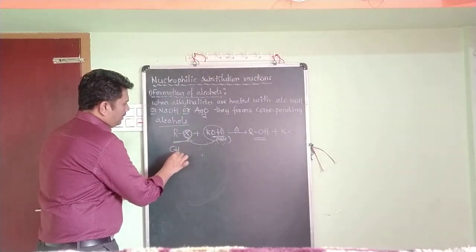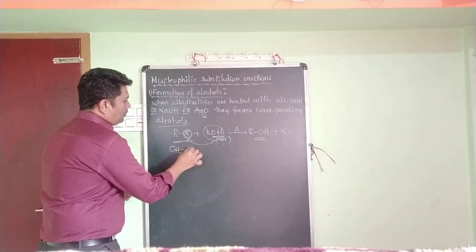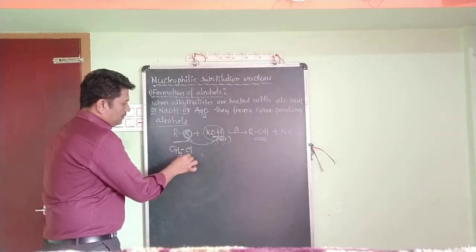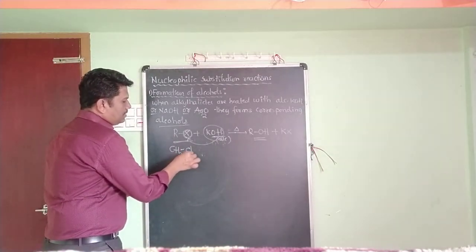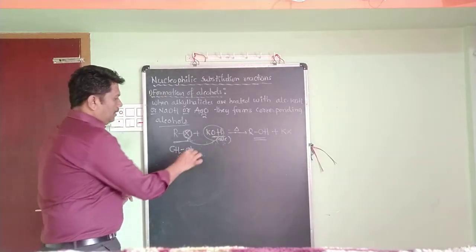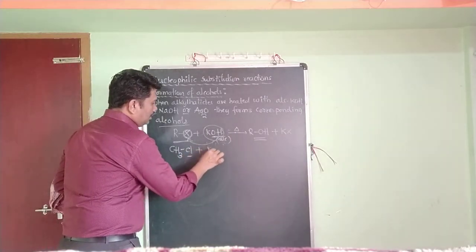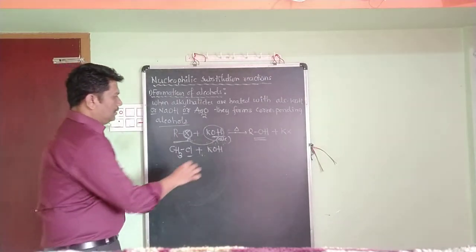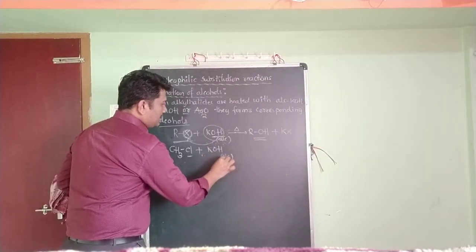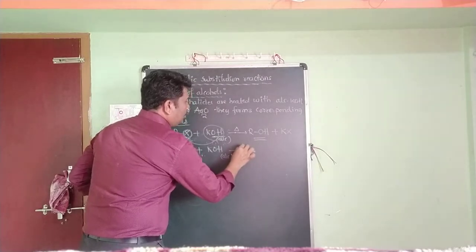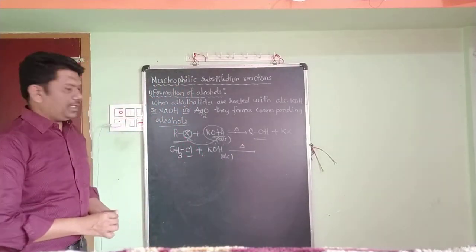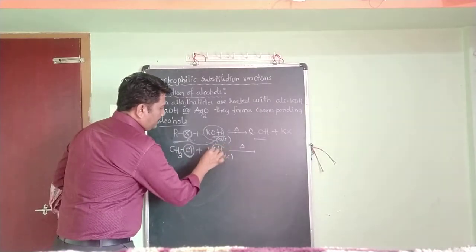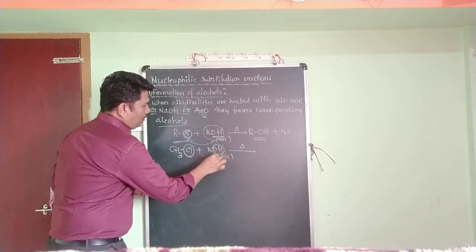I'll give one example here. We take one example, methyl chloride, CH3Cl. It is an alkyl halide. This Cl is halogen and this is weak nucleophile. When it is heated with alcoholic potassium hydroxide, the nucleophilic substitution reaction takes place. The existing weak nucleophile is substituted by strong nucleophile, that is OH.